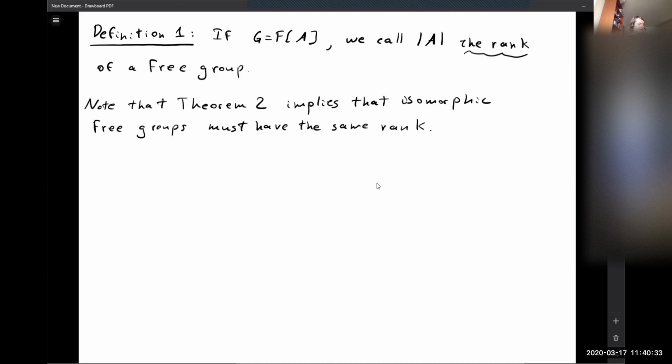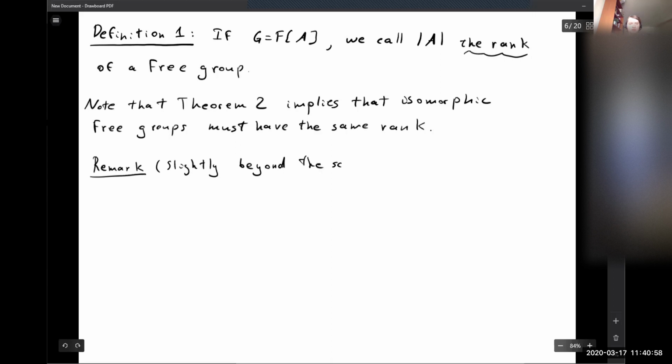Now, finally, to conclude our discussion about free groups, let me make the following remark, which goes slightly beyond the scope of the course.